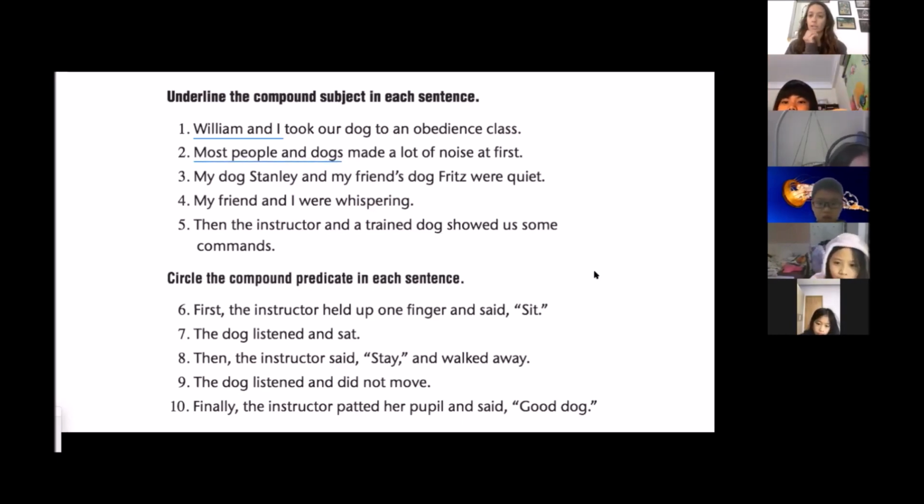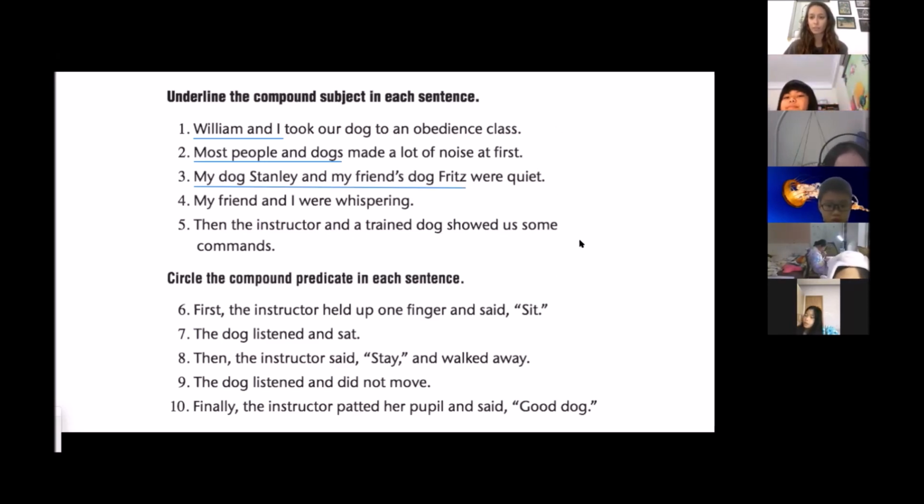Can you read number 3? My dog and my friend's dog whose feet were quiet. And what's our compound subject? My dog Stanley and my friend's dog Fritz.